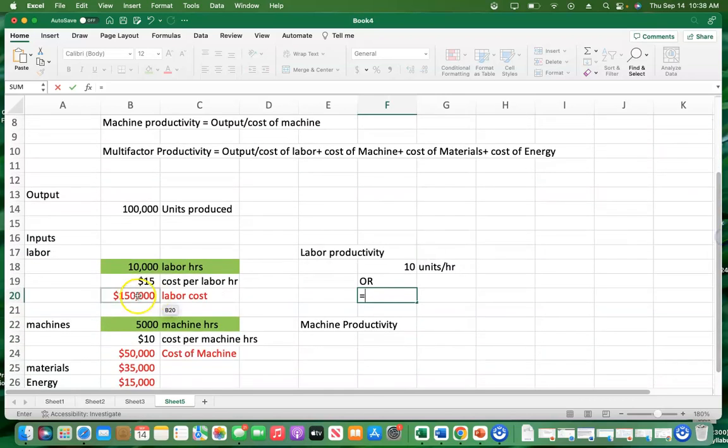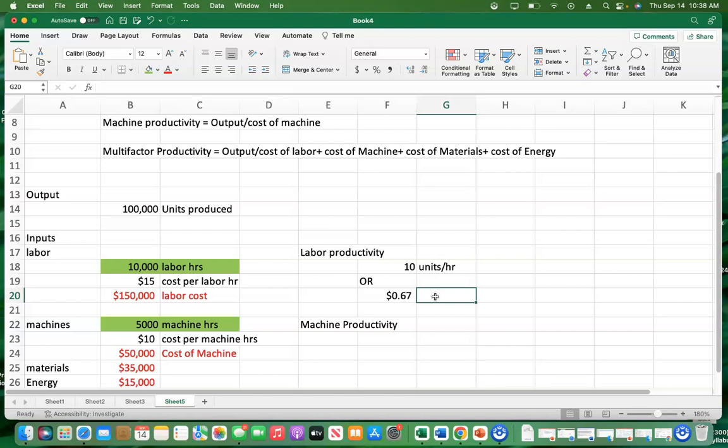And in this case we have the cost of labor, so I will take output divided by the cost of labor, and that's what we can get. So in this case we have units per dollar spent on labor.